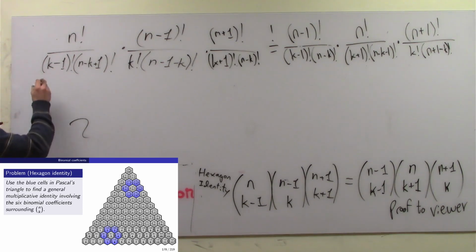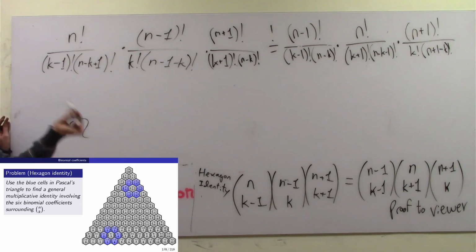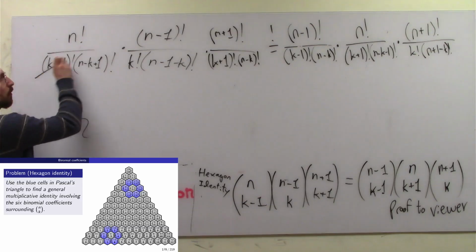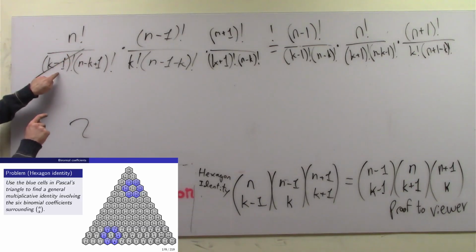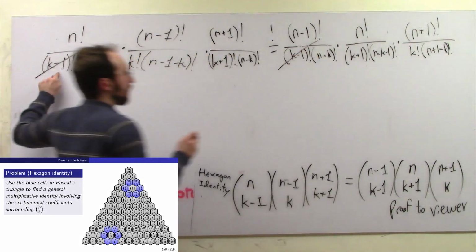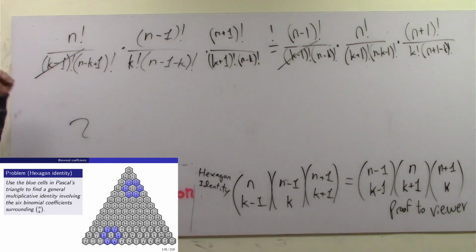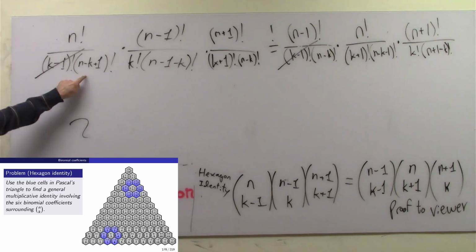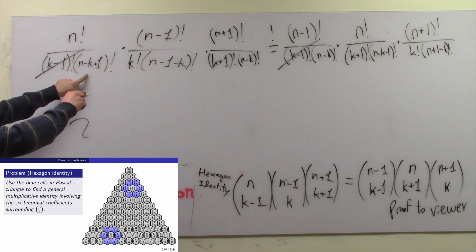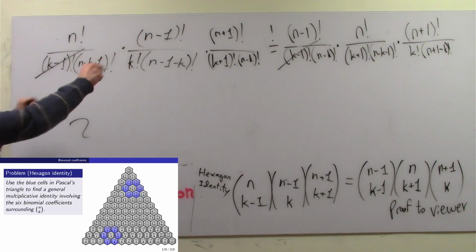I'm going to cross them out just to check that we got them. So we got k minus 1 factorial right over here. I just crossed it prematurely, but it was right here. So cool, it's right there, it's right here. We got it on both sides. Let's do another one. N minus k plus 1 factorial. Very end. I see it, it's at the very end.